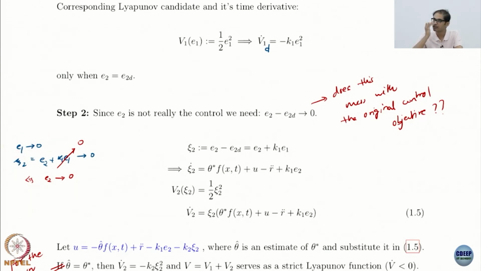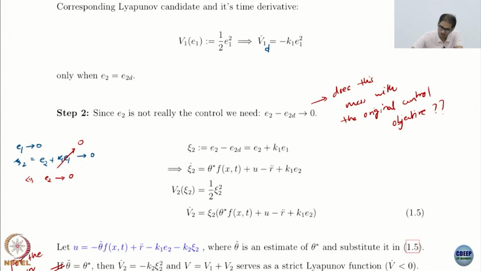So if E1 goes to 0 and psi2 goes to 0, but inside psi2 I also have E1 which is going to 0, therefore E1 and psi2 going to 0 is the same as saying E1 and E2 are going to 0, and vice versa. You can check, because this is a non-singular, nice valid transformation of the states.